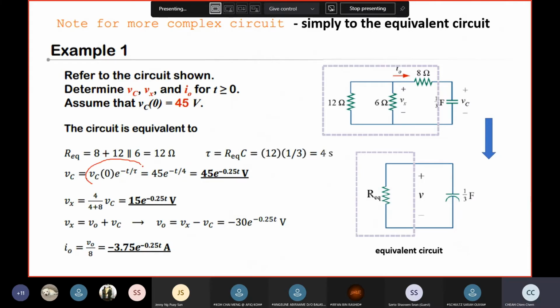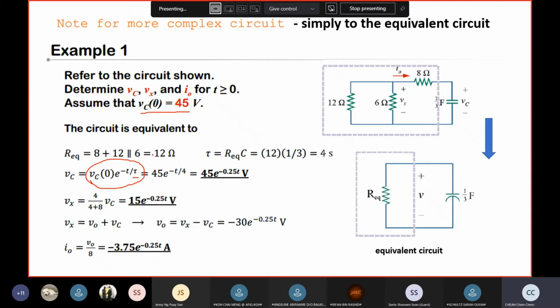What is the initial voltage? If the initial voltage is given, then just use it. If it's not given, in some cases there's a switch, switching from one instant to another. You need to calculate the initial voltage before switching, and since voltage cannot change suddenly, it will become the voltage after switching. So the whole idea is that.